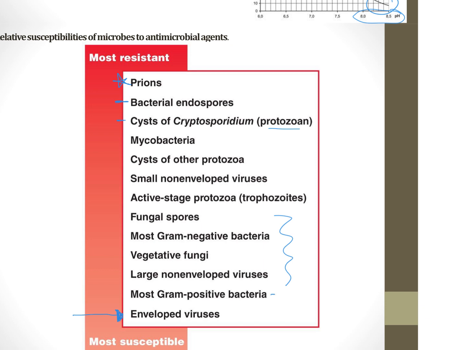Gram-positive bacteria, that peptidoglycan actually absorbs disinfectants a little bit more readily than a gram-negative bacteria. Large non-enveloped viruses, here the small ones are way up here. This is like norovirus. It's a small non-enveloped virus. And I mentioned how that one persists for so long in the environment.